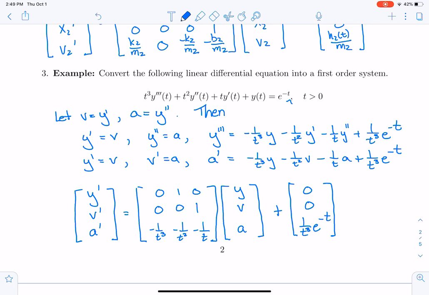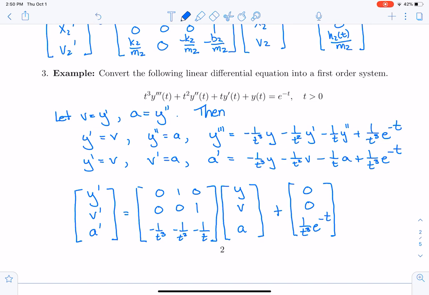Now, this kind of equation is only going to have a solution if the coefficients of the derivatives in the equation are continuous, those coefficient functions. Essentially, if the coefficients of y, y prime and y double prime, or in this case, y, v, and a, are continuous, then there exists a unique solution.